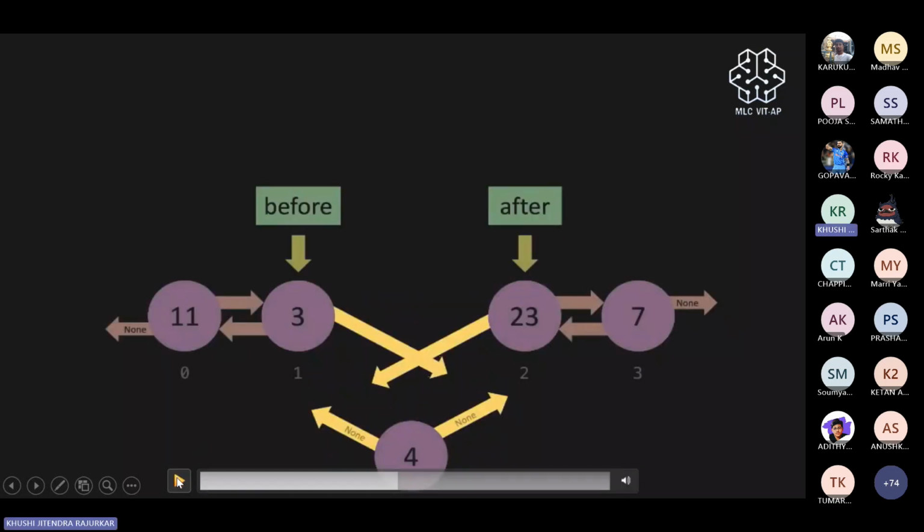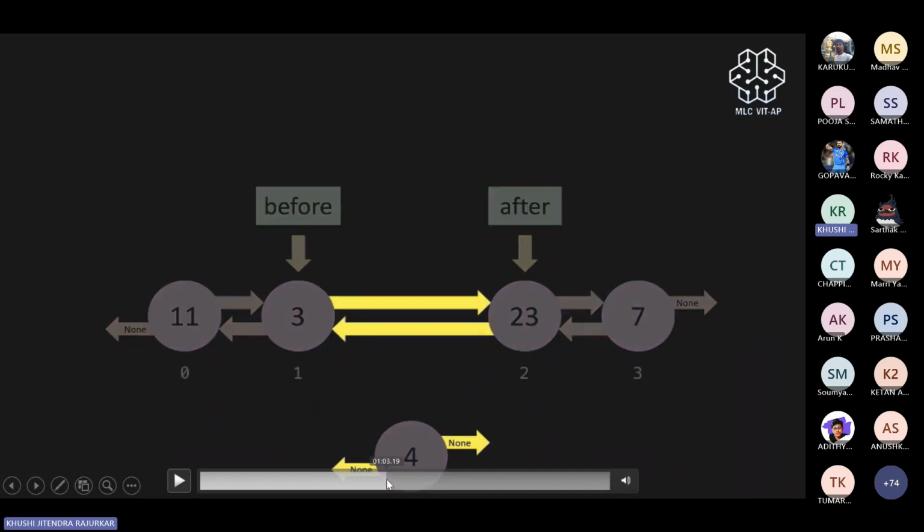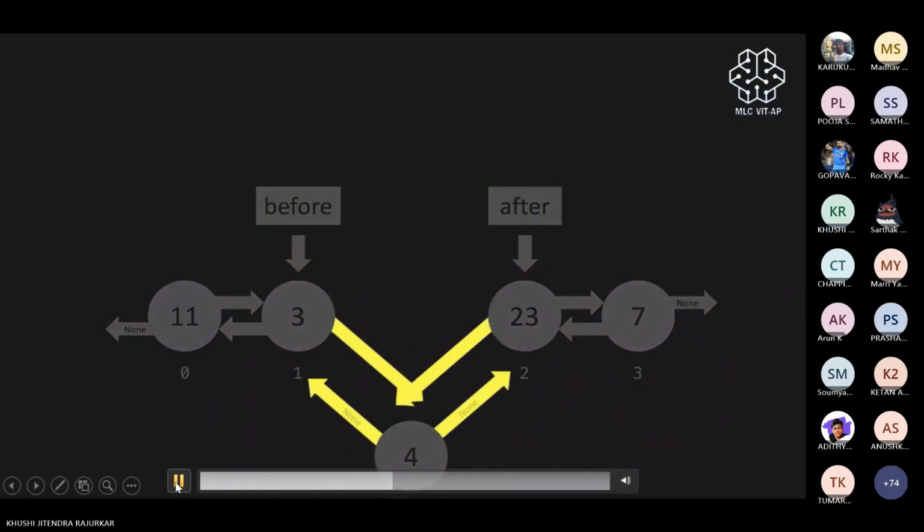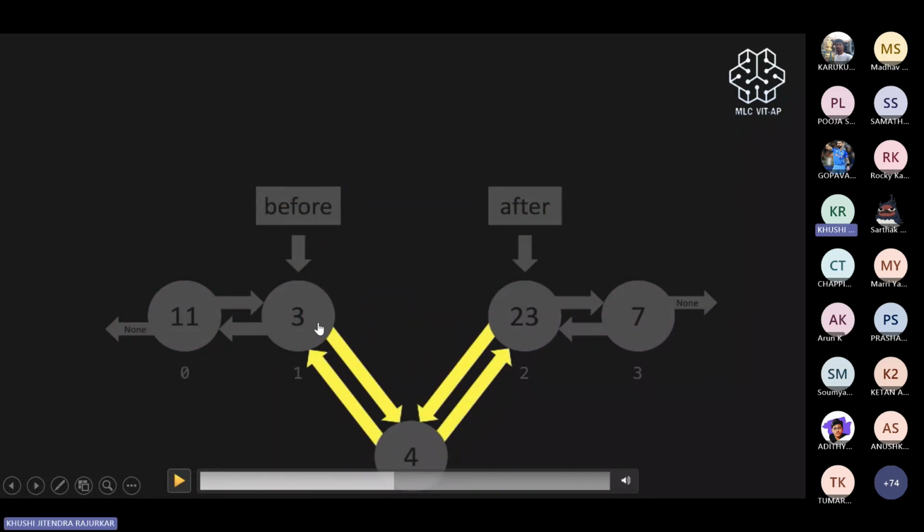As you can see, before.next equals new node, after.previous equals new node, new node.previous equals before, and new node.next equals after.